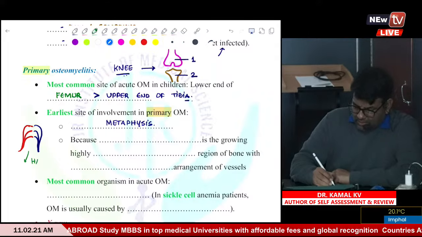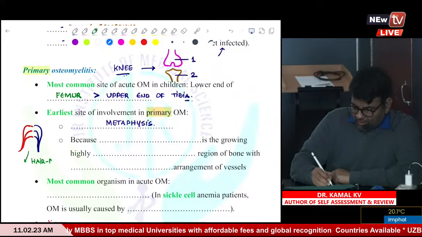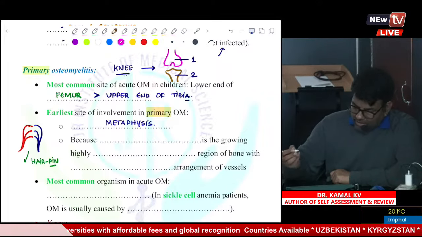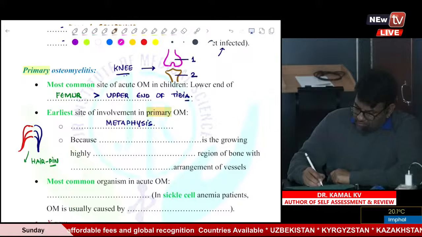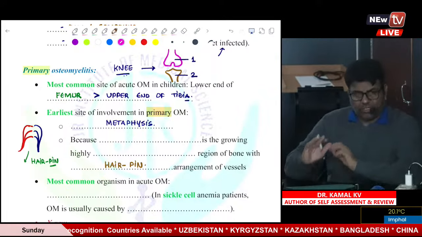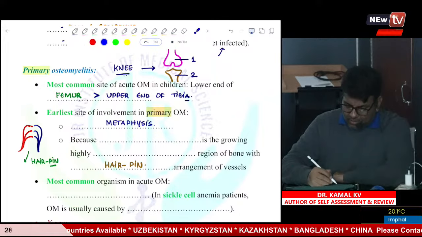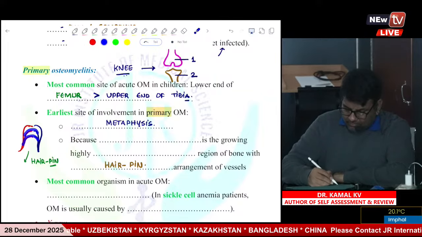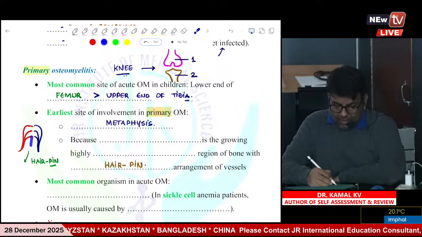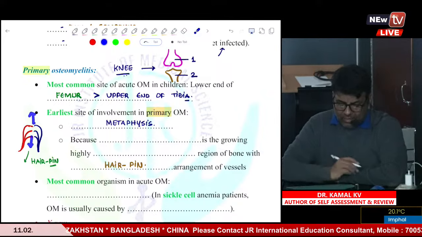So this is a hairpin. Clear? So this is the hairpin arrangement, and what happens because of the turn like this, the speed of the blood is slowed down and bacteria can move out of the vascular channels.